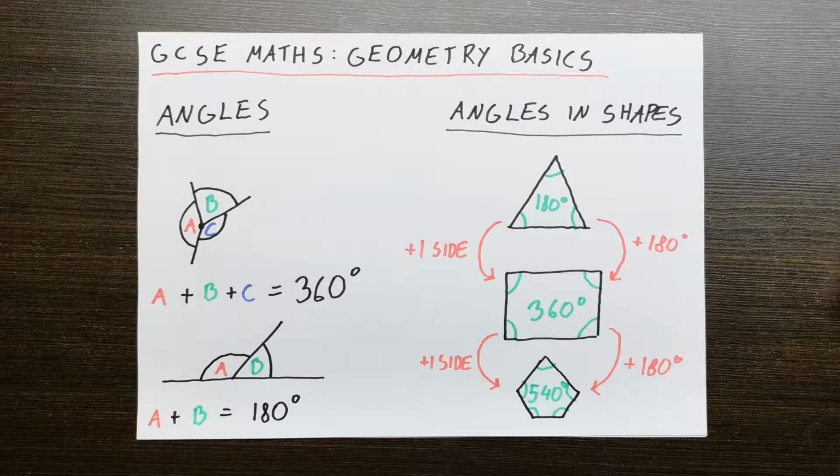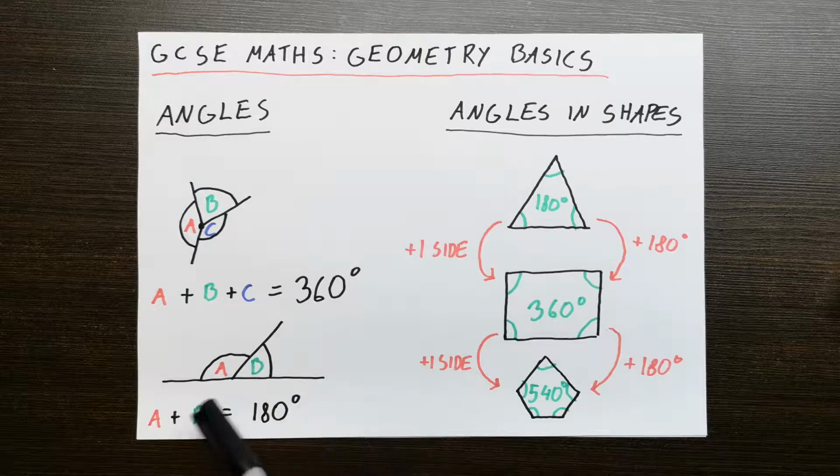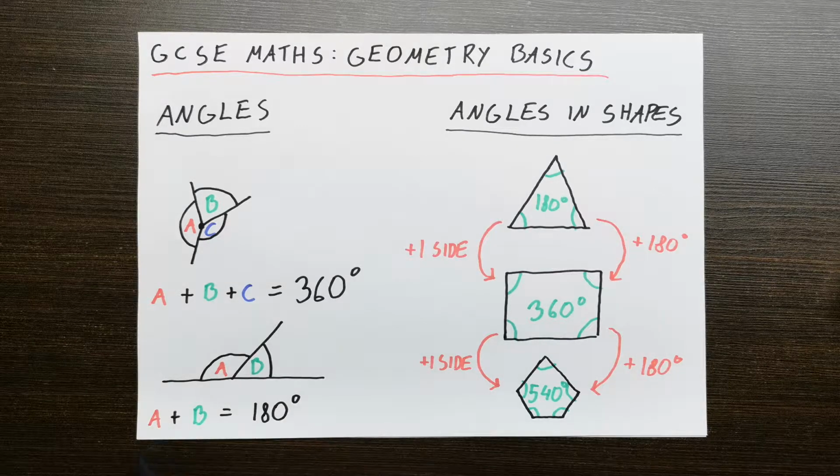Therefore, they add up to 180 degrees. So here we have angle A and angle B, and they lie on the same straight line. So therefore, they add up to 180 degrees. A plus B equals 180 degrees. So that's it in terms of what I want to cover today in terms of angles.